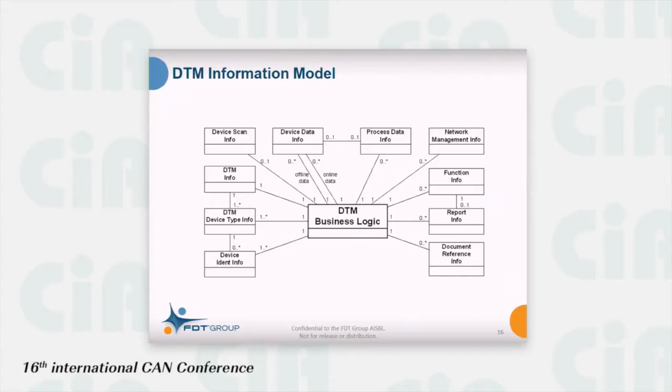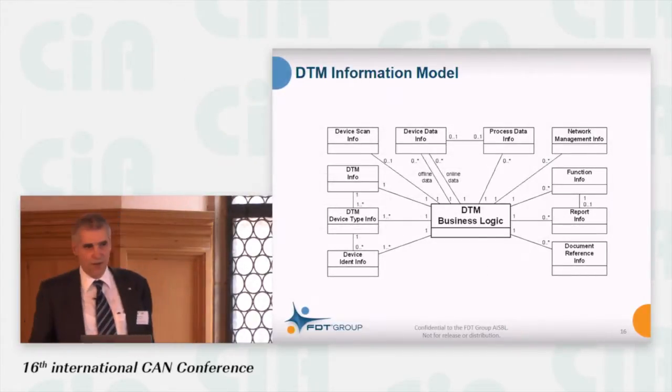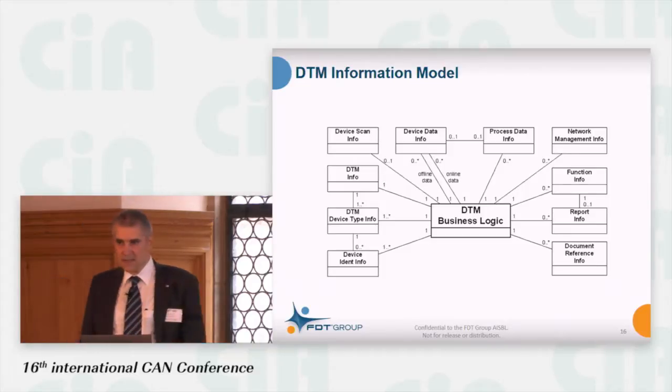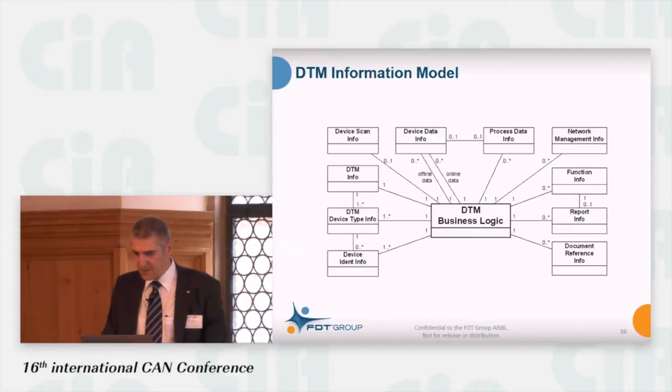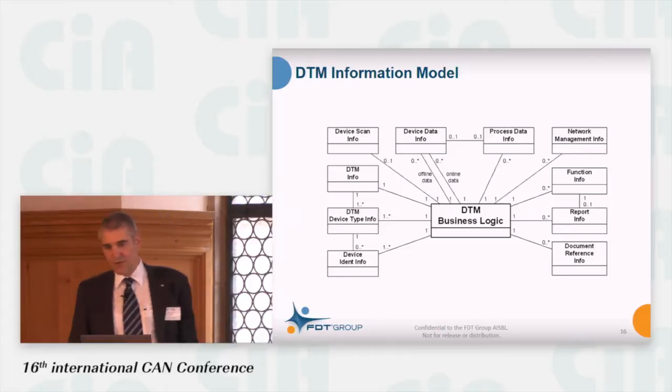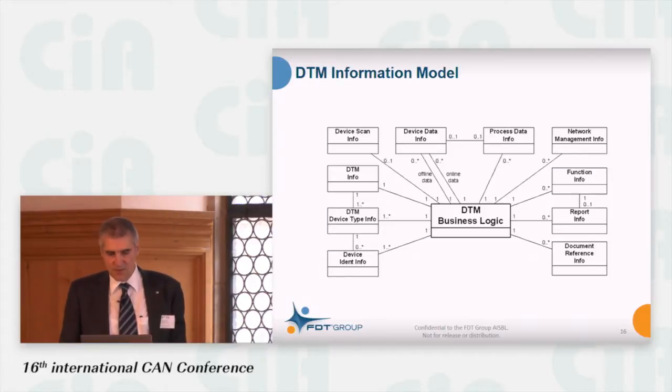You have functions: a DTM has a list of functions which you can call, for example, from the frame application, and these functions are offered in an interface. You have document references and so on. So this is the information model of FDT for a DTM.